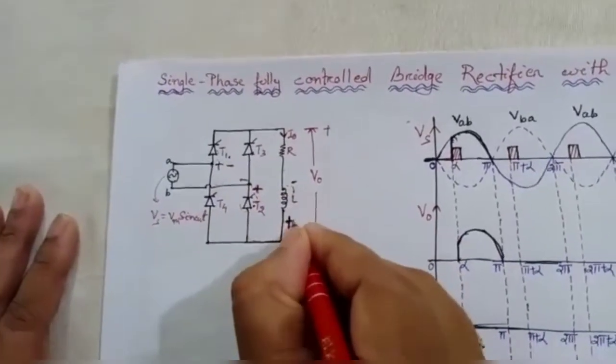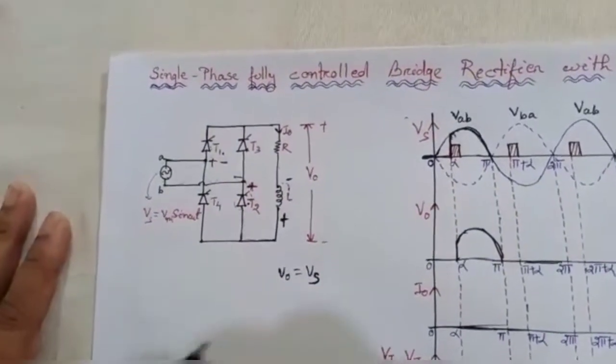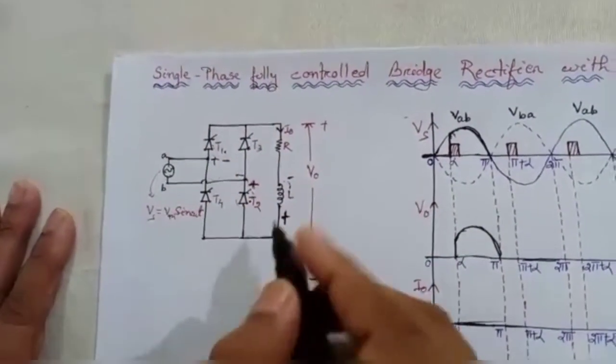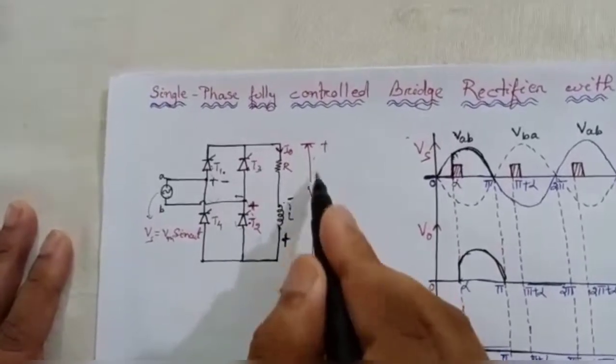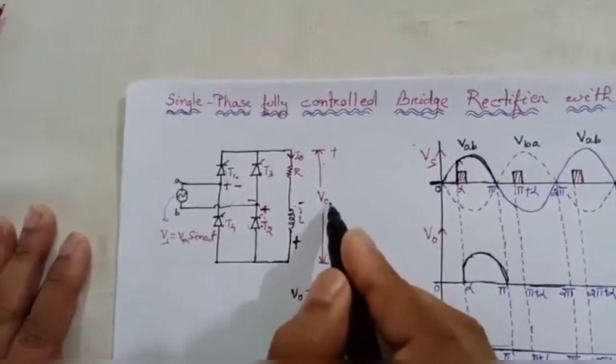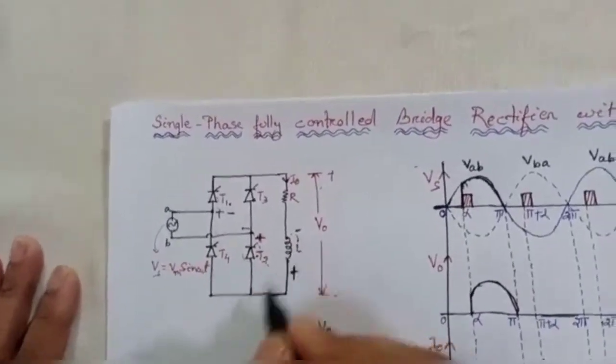But due to the presence of this inductor, for some time both T1 and T2 remain turned on. That's why we get a negative voltage, meaning V0 is equal to negative Vs, for some time due to this inductor.